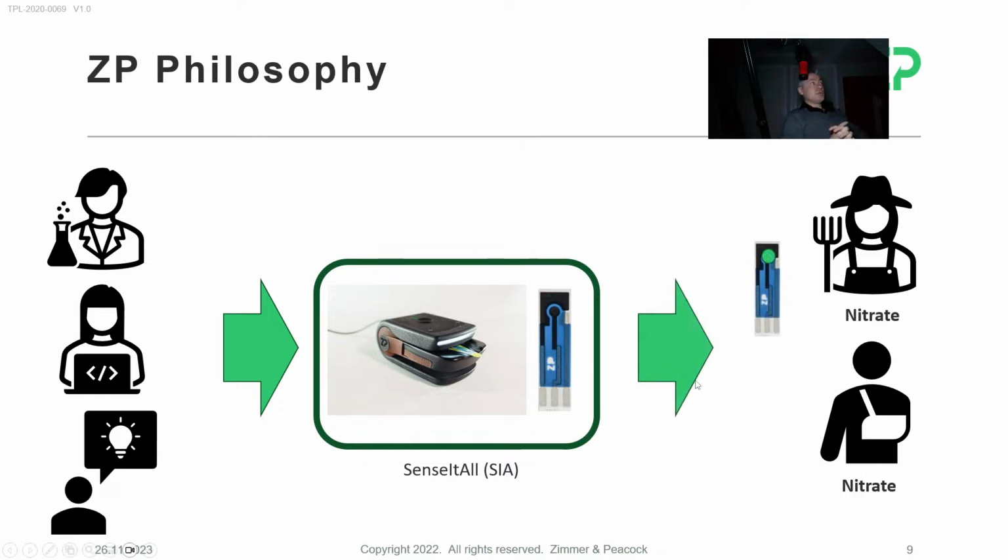At ZP, we follow a kind of lean startup mentality, which is essentially trying to get things done as quickly as possible. I understand you can't have a minimally viable product in the context of healthcare, but you can start trying to give patients and nurses and clinicians technologies to see their response. So we're pretty good at getting from you on the left-hand side to people on the right-hand side who could really benefit from this.